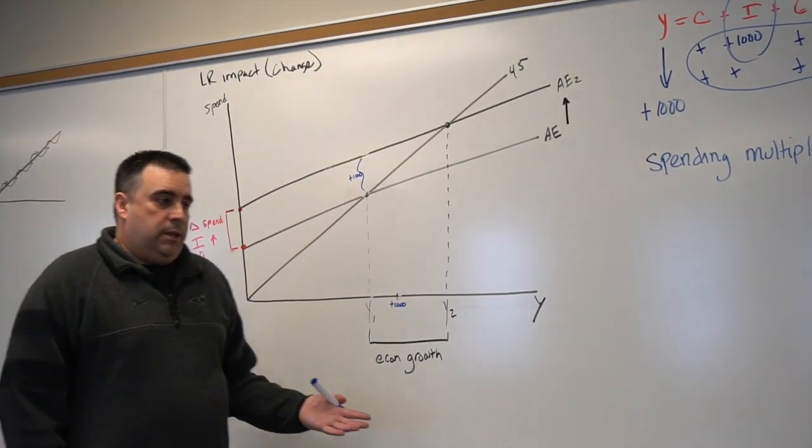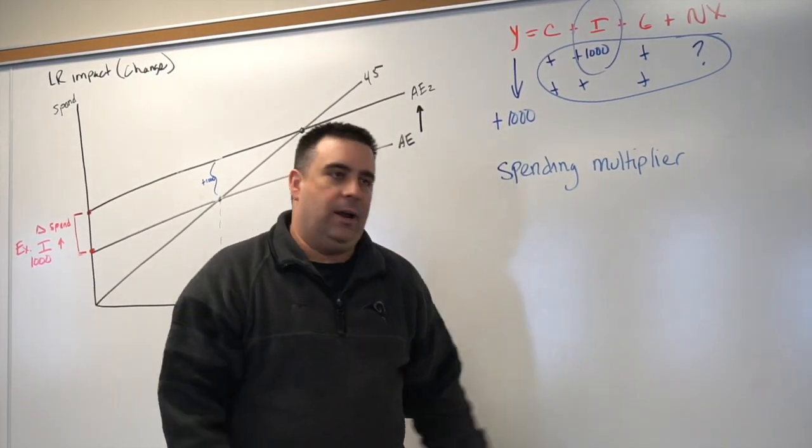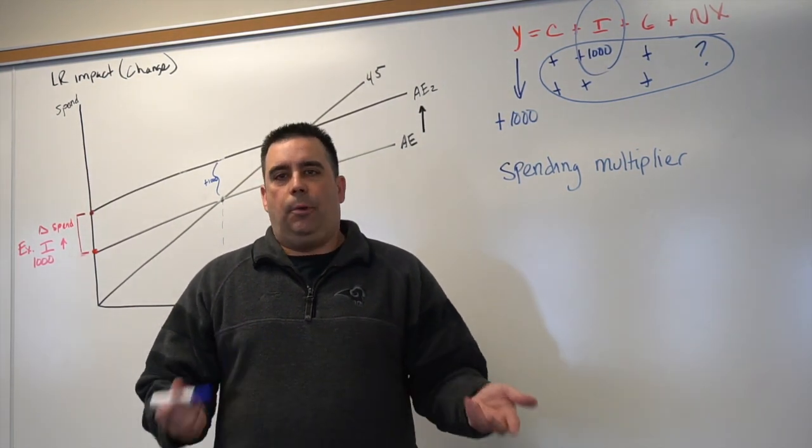Is there a way to determine this? Just like we talked about last time, we don't want to add up every single sector through all time. That's going to take forever. We want to use a multiplier formula.